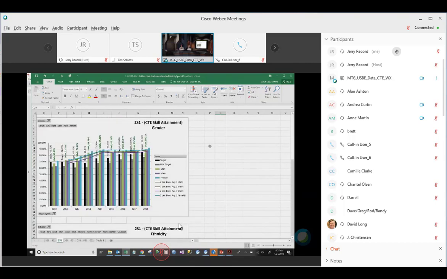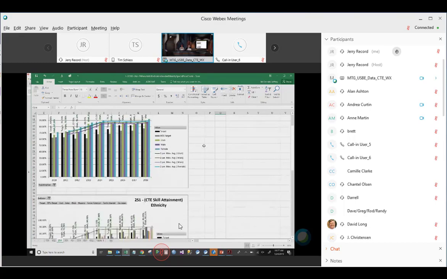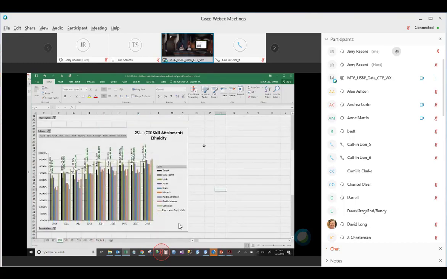This has kind of been on a steady increase since 2010. We typically do well in this category, in this indicator. And again, the females are doing better than the males on the indicator. Here are ethnic groups. A few of them are greater than the target.